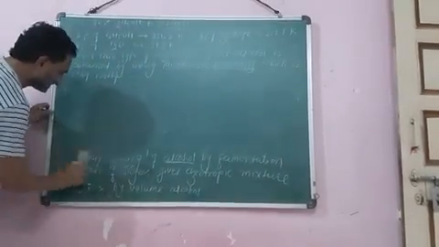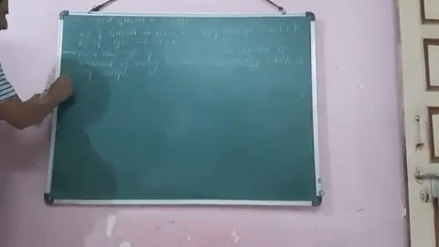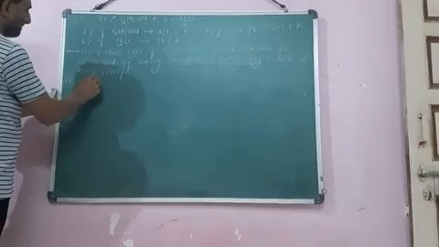Now let us discuss the second one. That one is the maximum boiling point azeotrope.